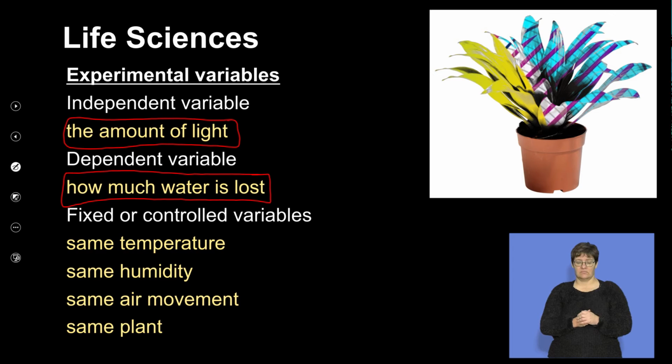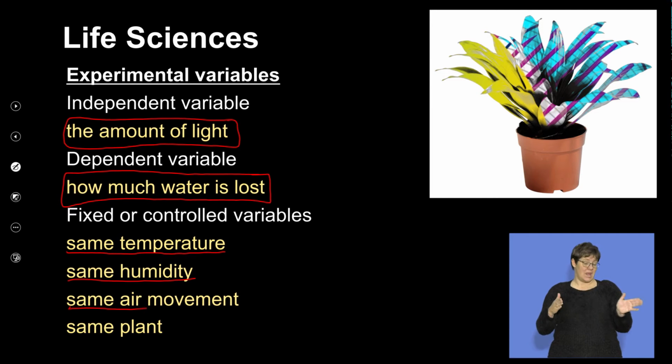Then, to make sure that the experiment actually works, they need to look at what other factors could affect transpiration, and those they need to keep the same. Okay, and from our lesson on transpiration, we know that temperature affects transpiration, so they would have to keep the temperature the same. Humidity affects transpiration, so they would have to keep humidity the same.